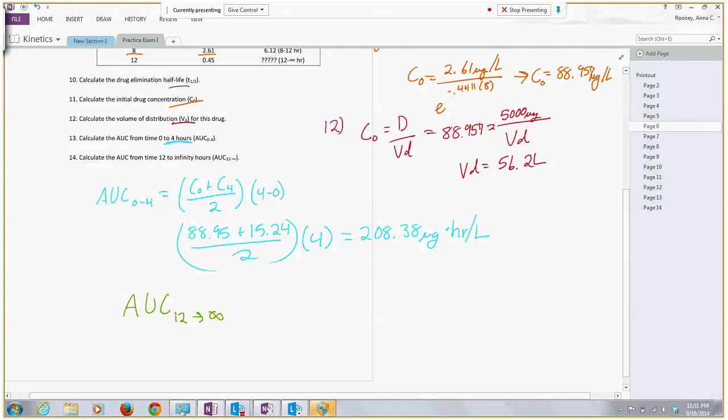So the way that I used to do these, you take the limit, and as x approaches infinity, the concentration of the drug approaches 0. So essentially you're just trying to find this all the way over here.